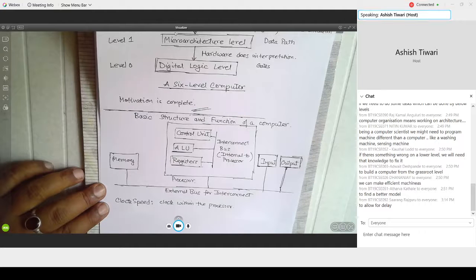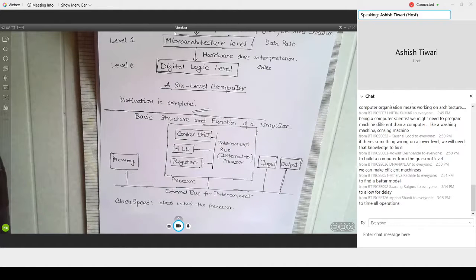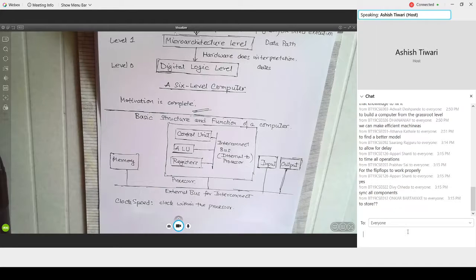Okay, you want a clocked circuit to allow for delay. No, but what is the need for a clocked circuit? To time all operations. Do you mean to say synchronize? Okay, right. Somebody said that.